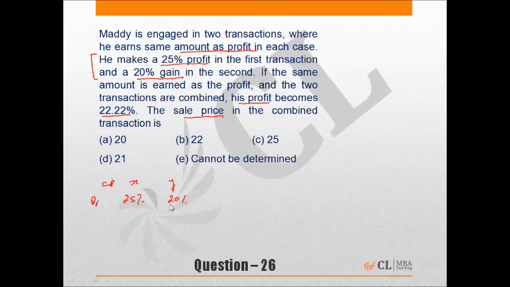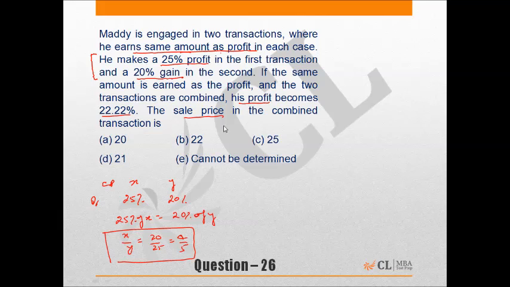So you can say 25% of X should be equal to 20% of Y, because the question says he earns the same amount of profit in each case, which means X upon Y is equal to 20 by 25, which is equal to 4 by 5. So we have got the ratio of cost price. If the cost price of the first item is 4 rupees, that of the second item should be 5 rupees. What are we required to find?